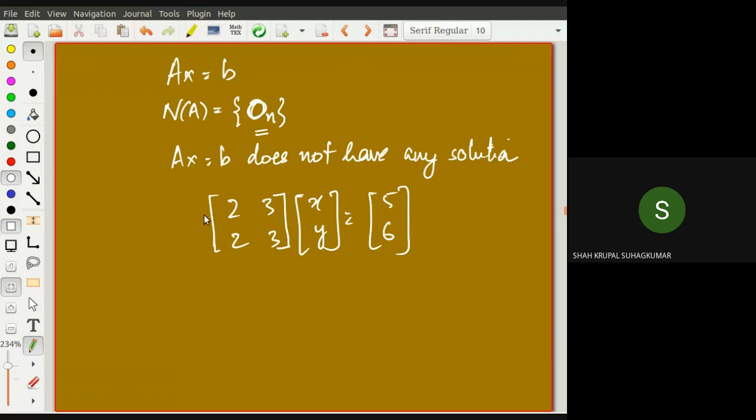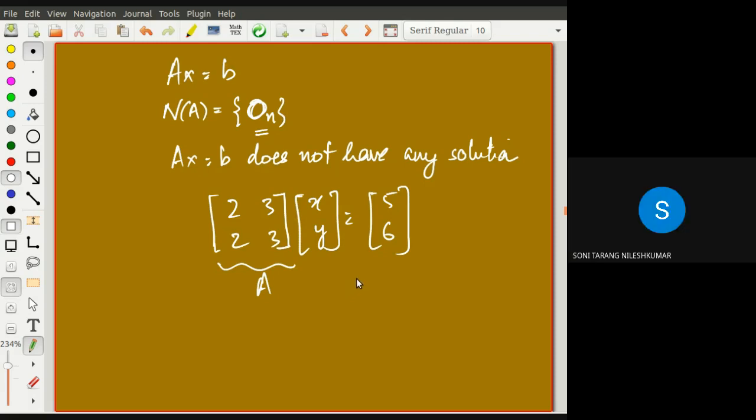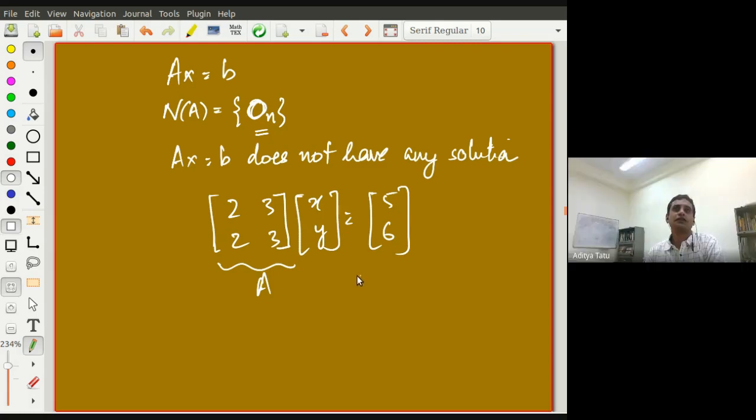But if I look at this matrix A, will the null space have only the zero vector? The null space will have all the points on the line.